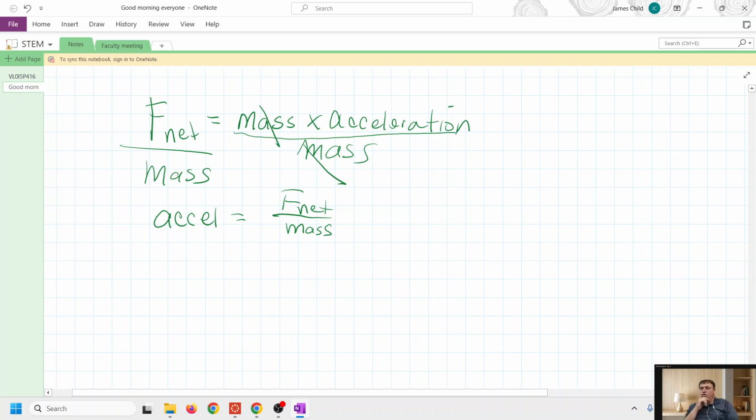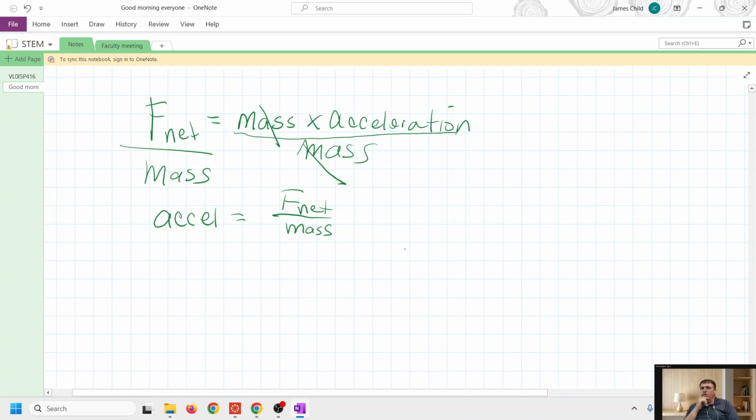If my force increases and my mass stays the same, my acceleration will go up. If my mass decreases and my force remains the same, my acceleration will go up. Okay. So let's look at a quick example.